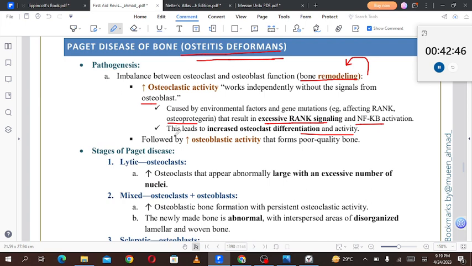This leads to increased osteoclast differentiation and activity, followed by increased osteoblastic activity that forms poor quality bone.